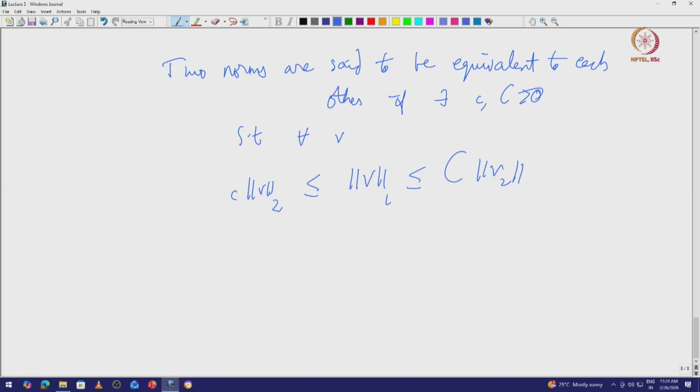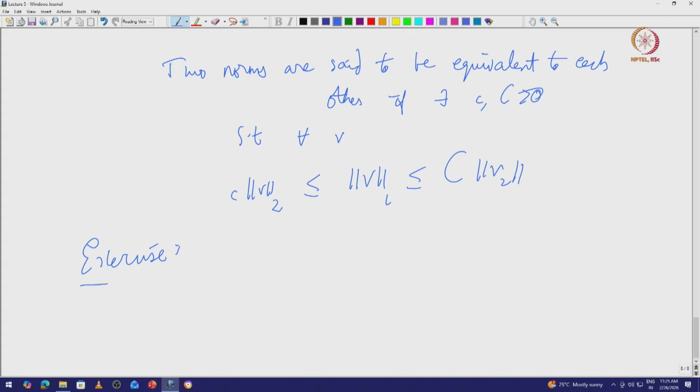In other words, the lengths are comparable, right? They're not equal to each other, they're not even proportional to each other, but they're not too different from each other, right?